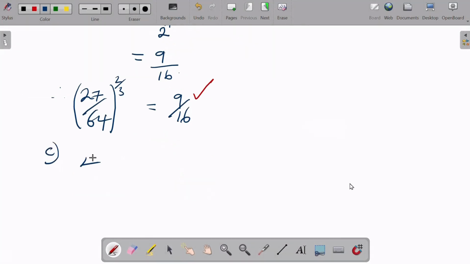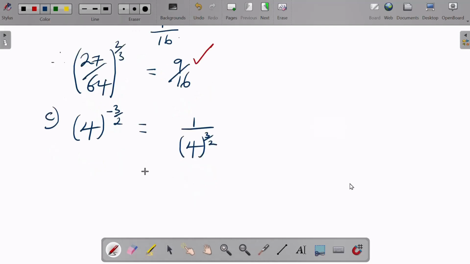You can have part C. We have 4 raised to the power negative 3 out of 2. This is the same as having 1 out of 4 raised to the power 3 out of 2. So when I divide by 1, the negative disappears. So this is the same as having 1 divided by 4 in terms of 2, the same as 2 to the power 2, but we have another power which is 3 out of 2.